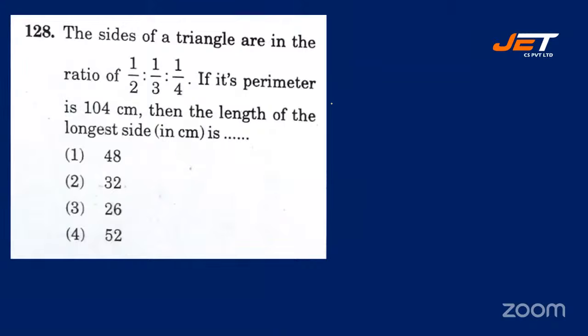So the sides of a triangle are given as a ratio, that is 1 by 2, 1 by 3, 1 by 4. The perimeter is given.